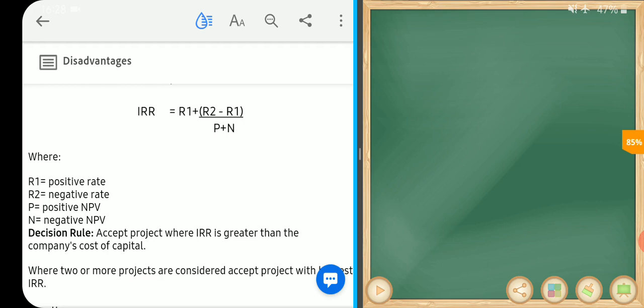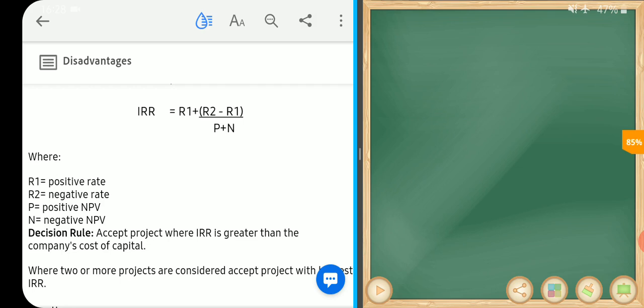Now, if you had used 10% before, and I said the higher the discount rate, the higher the tendency of having a negative value, that means you will increase your cost of capital. You can increase it to 15%, you can increase it to 20%, you can increase it to 25%, so that you will get your what? Negative value.